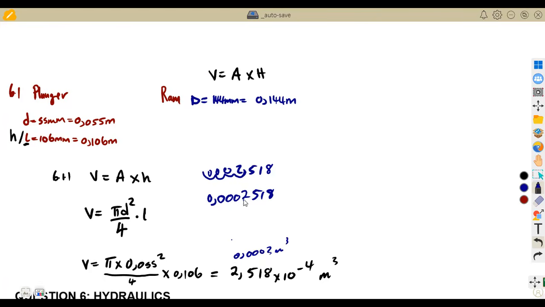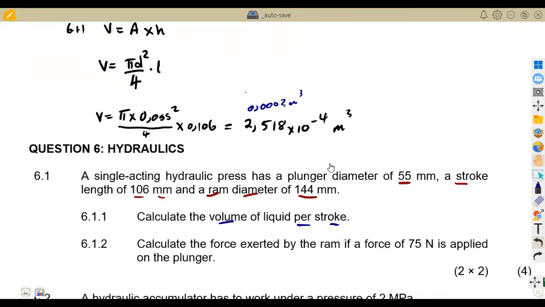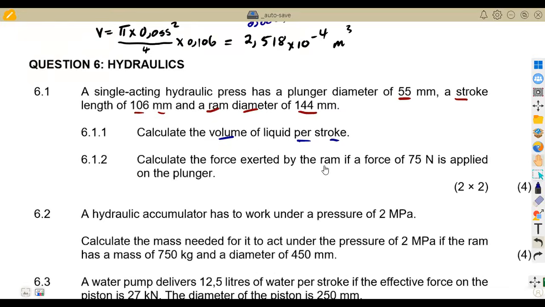But the answer there will be a little bit affected because of the digits that we are having. We have got a lot of zeros, but still you can write the same answer like that, or you can just write it this way. It's one and the same thing. So that was going to be the volume per stroke.